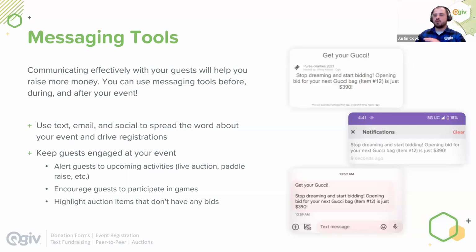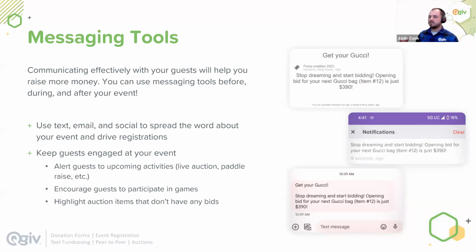Messaging tools can help you actually auction it off at that time. Depending on how many auction items you have, it can be hard that people don't see all that's available. So I encourage you to look at some messaging tools that you can utilize, whether it's text, email, or social media, or a combination of all three, to highlight those auction items that have no bids on them.